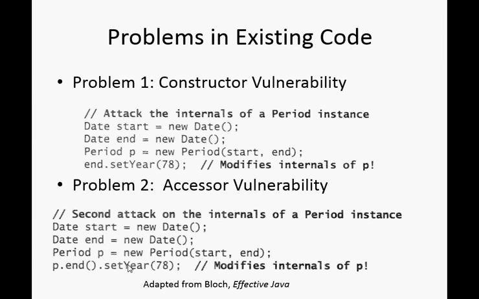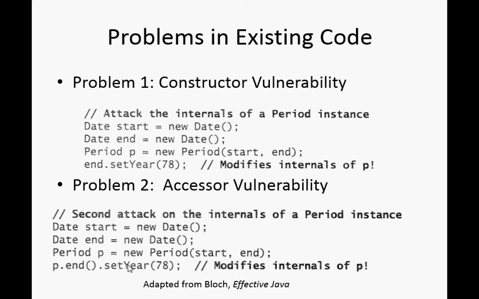Okay, so there's two vulnerabilities here that have been identified, right? One is the constructor vulnerability. So, here, this is just as Evan was saying, you've got a start and an end, you create an instance of the class, and then you can set start to be something else, and it's modified the internals, right?